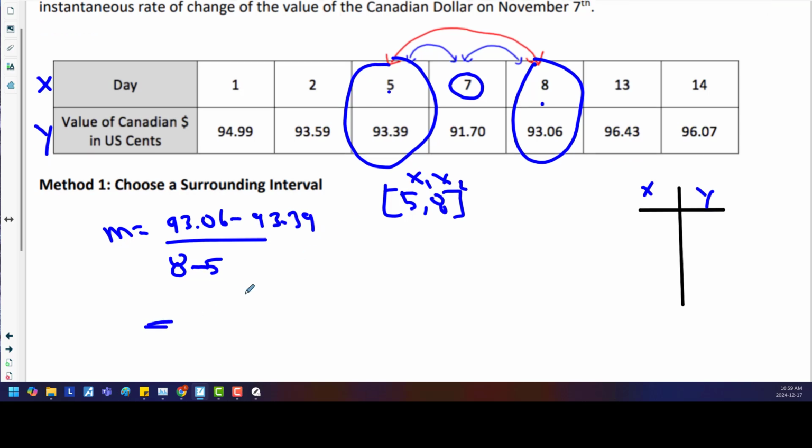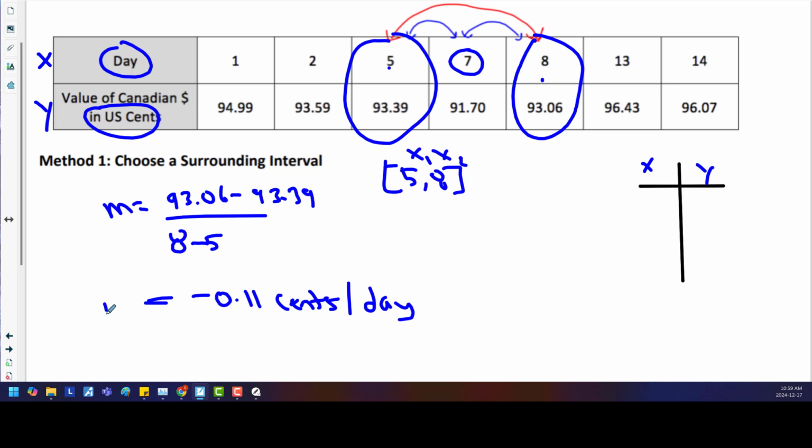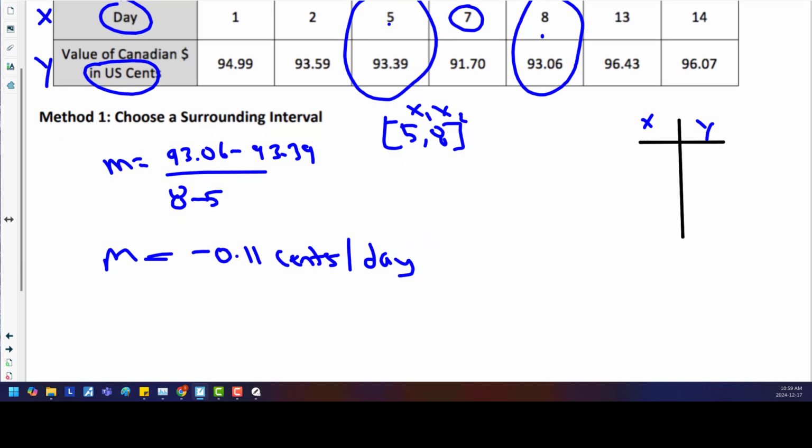And if you subtract that and divide it by 3, you'll get negative 0.11 cents per day. So the units are always given here. So that is the slope, or that is the instantaneous rate of change. Meaning on day 7, the value of the Canadian dollar is decreasing by 0.11 cents per day. That was method 1. We're going to now do method 2.